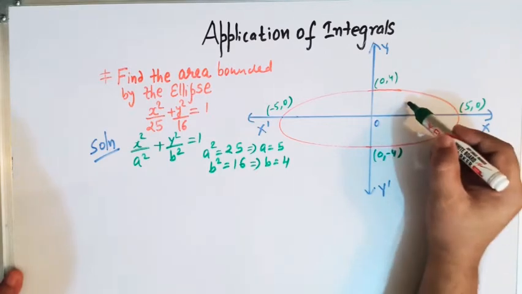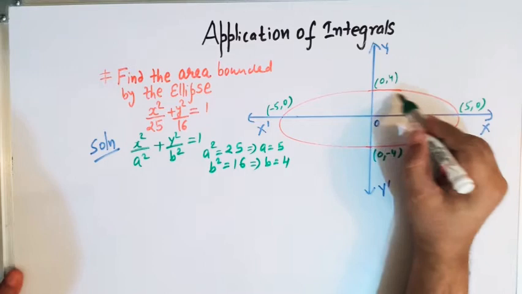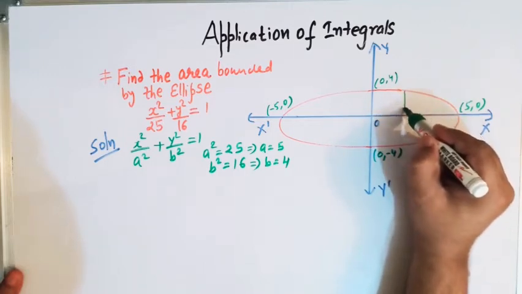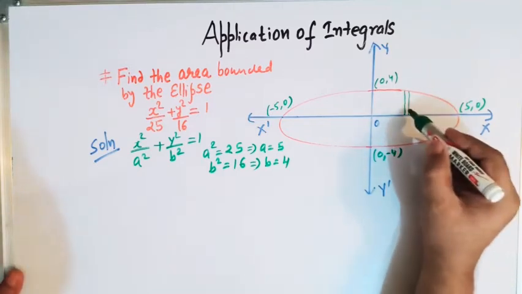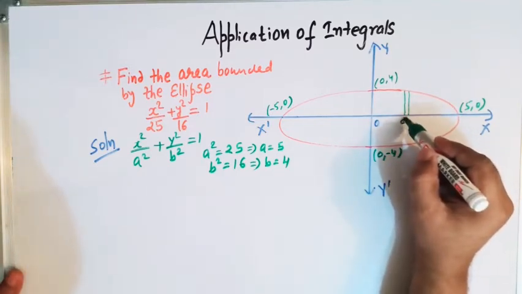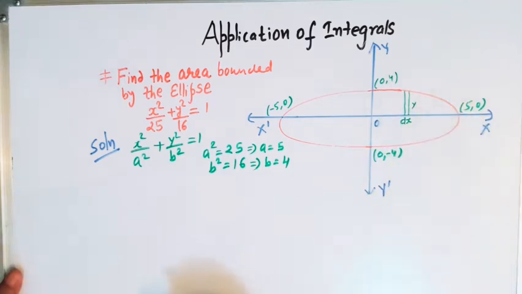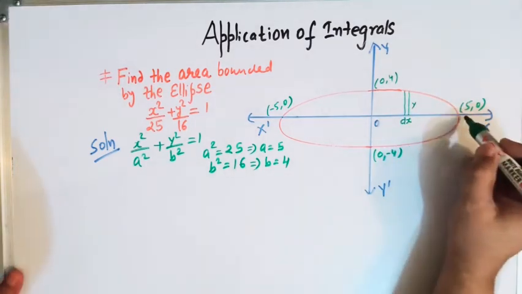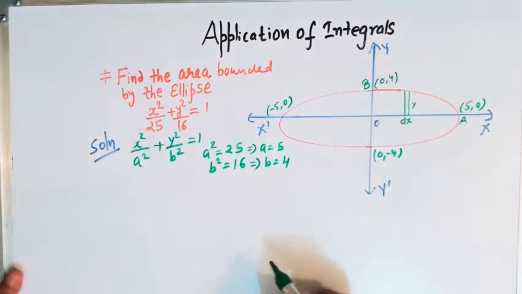So we will take this quadrant, and here we have the strip. This is the elementary strip whose width is dx and height is y, right? So let us take this point as A and this point as B, right?